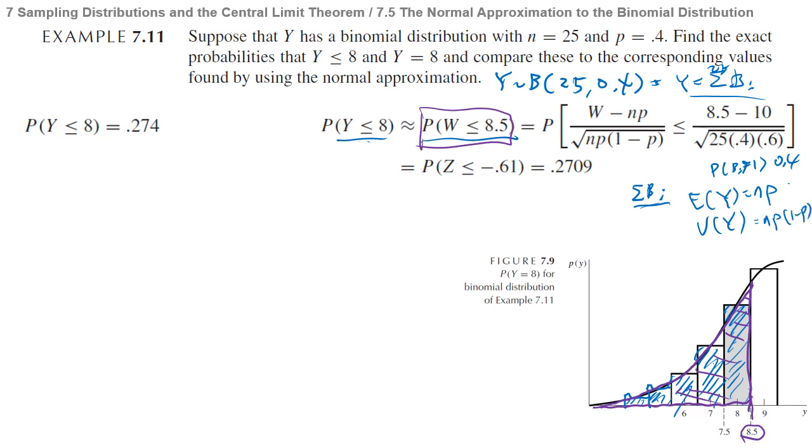So W is going to follow a normal distribution with mean np and variance np(1 minus p).